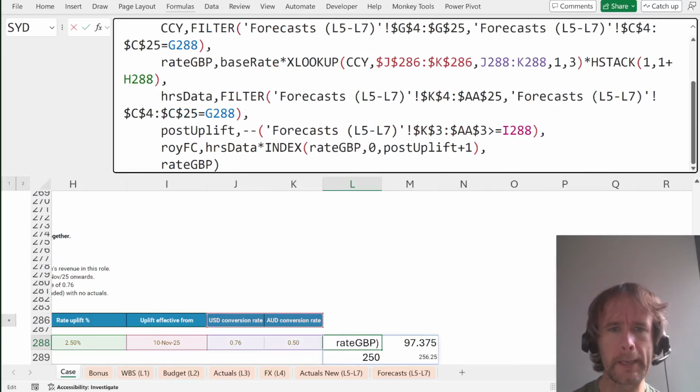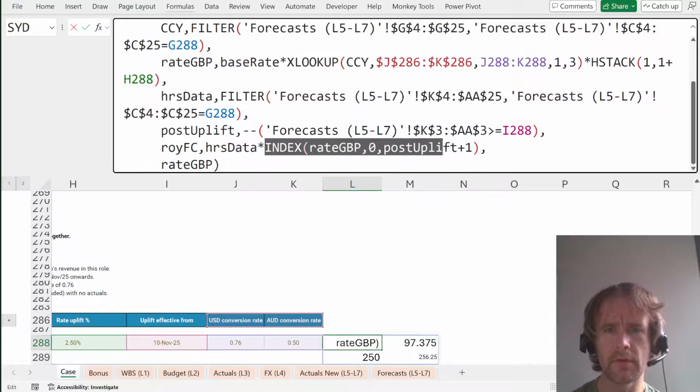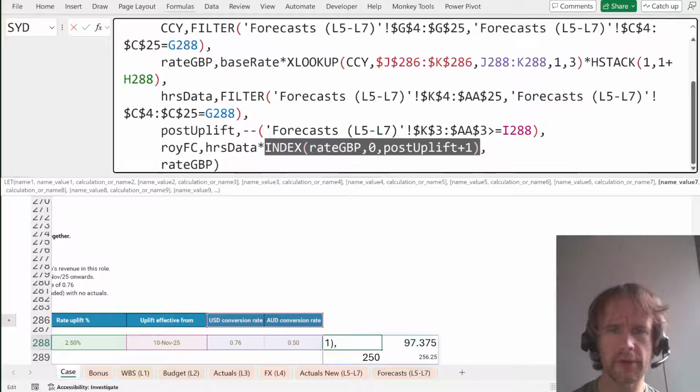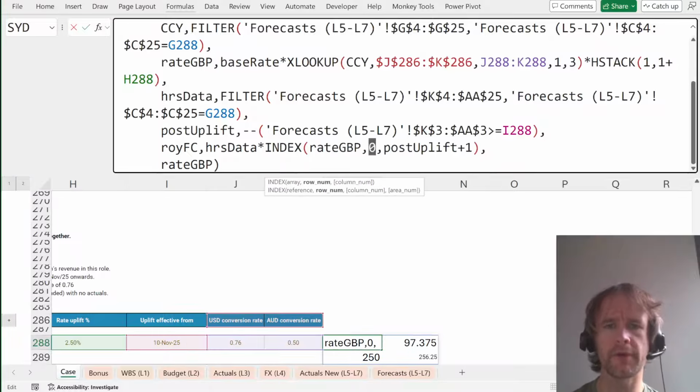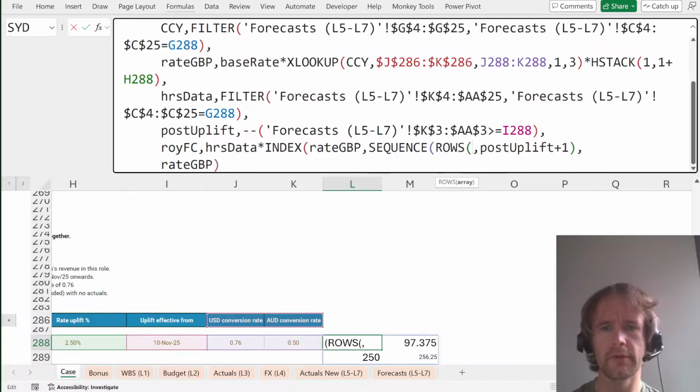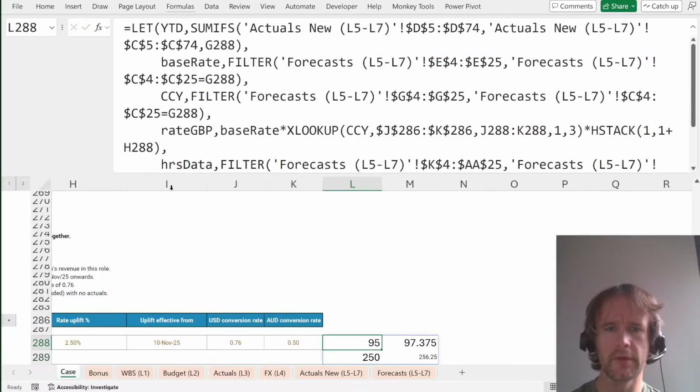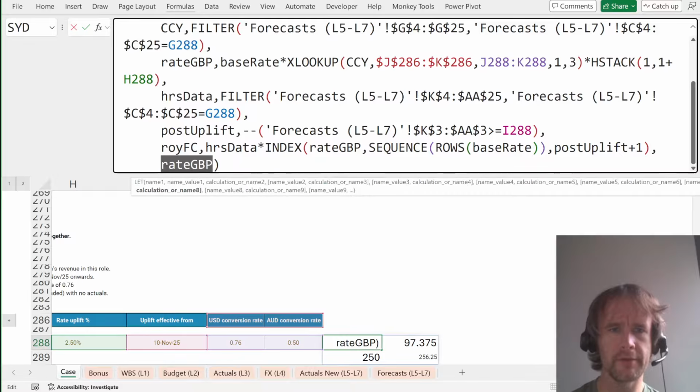Is this working? Is the next? No, it's not working because this needs to be sequence rows. Okay, annoying.